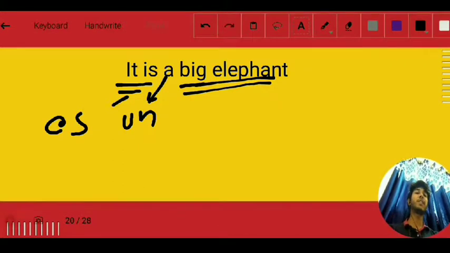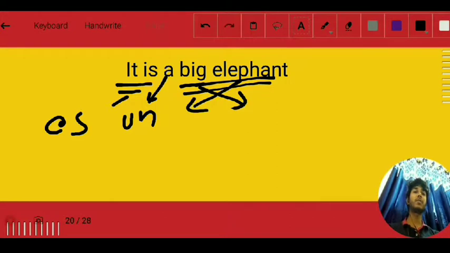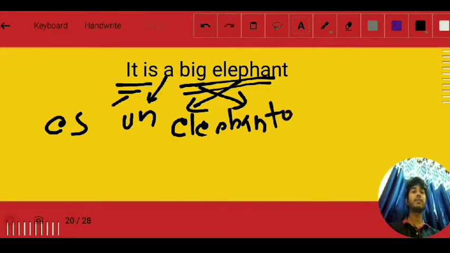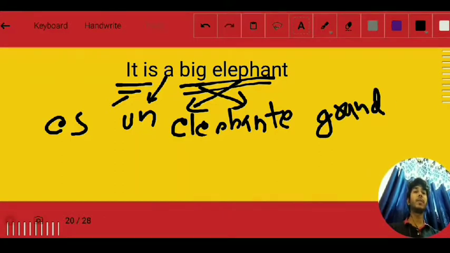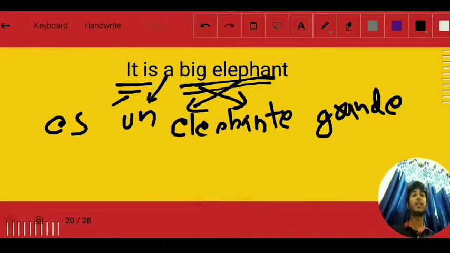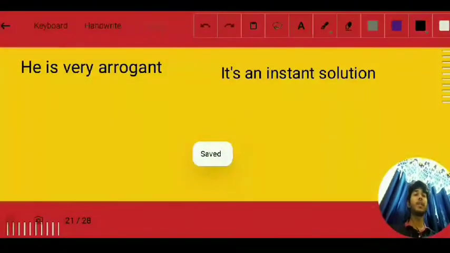Whenever we have an adjective, I'm going to make a separate lesson on this, but just for the sake of simplicity, we are going to follow the crisscross rule. So elephant is elefante, grande. Es un elefante grande.